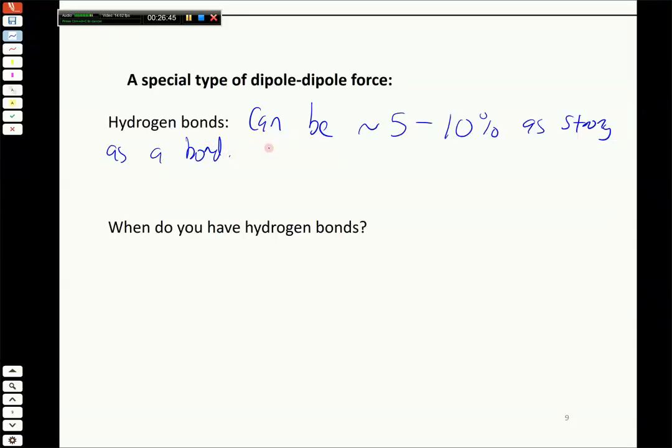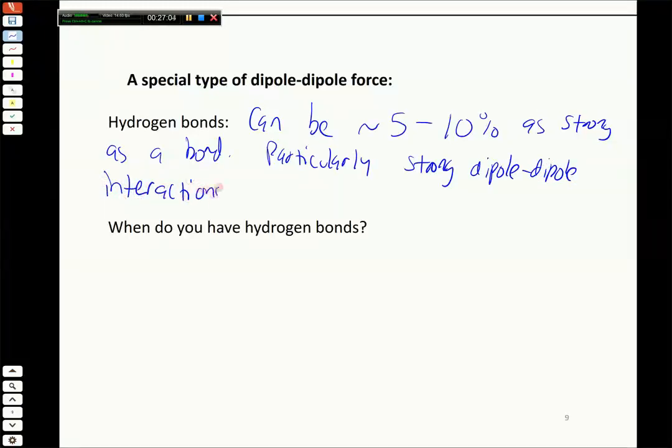And so what these hydrogen bonds are is just a particularly strong type of dipole-dipole interaction that exists in certain molecules. So there's no fundamental difference between a dipole-dipole force and a hydrogen bonding force.